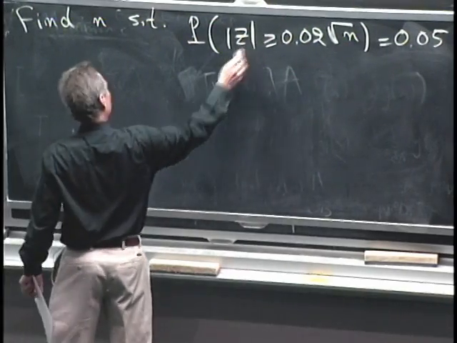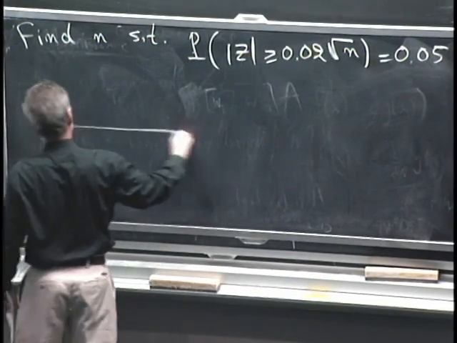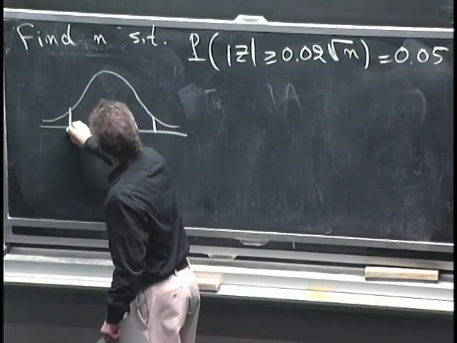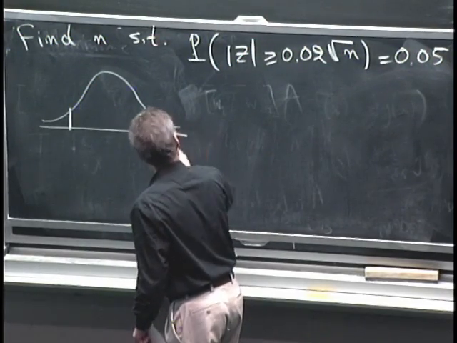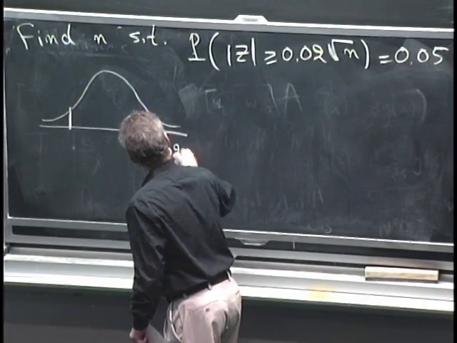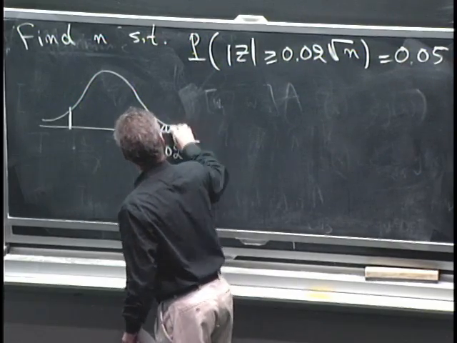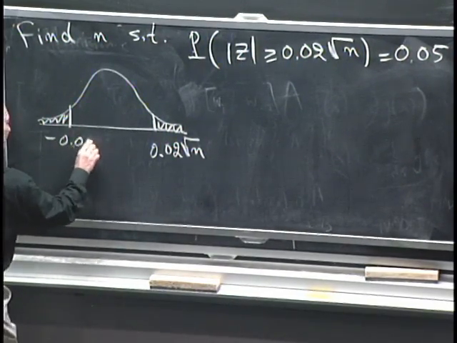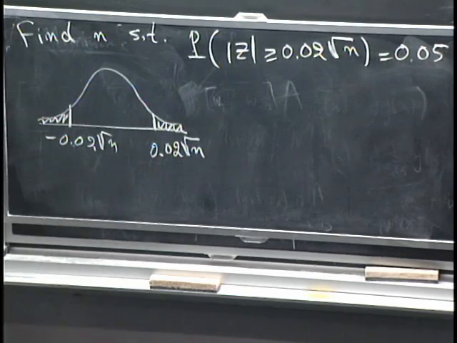Z is a standard normal random variable, and we want the probability that we are outside this range. We want the probability of those two tails together. Those two tails together should have probability 0.05.